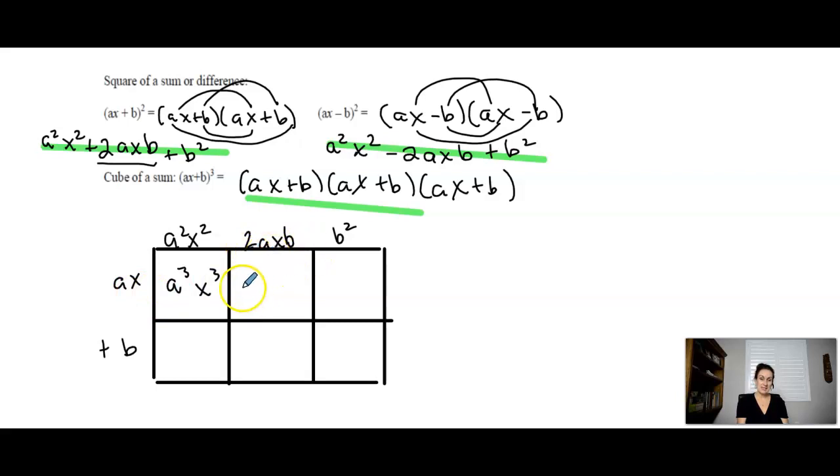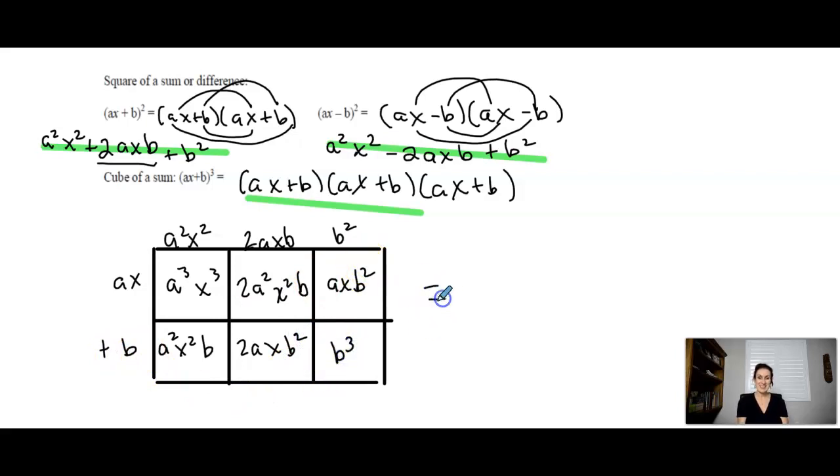Ax times this is going to give me 2 a squared x squared b. Ax times b squared is axb squared. The bottom, b times this is going to give me a squared x squared b. B times this gives me 2axb squared, and b times b squared is b cubed.